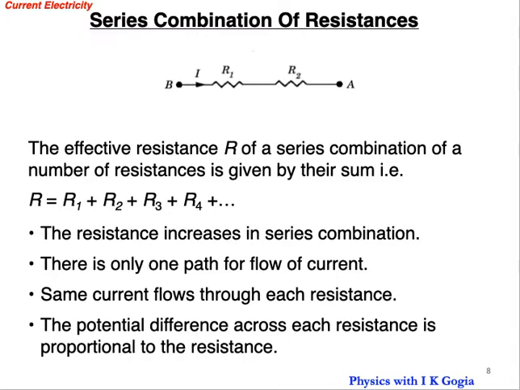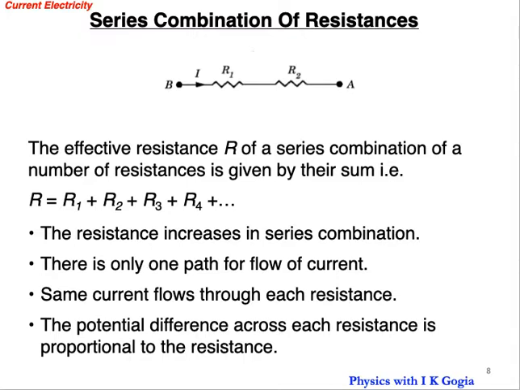Combination of resistances. From your knowledge in class 10, you know that the resistances can be combined either in series or in parallel, or sometimes we have circuits which use both series as well as parallel combination of resistances.